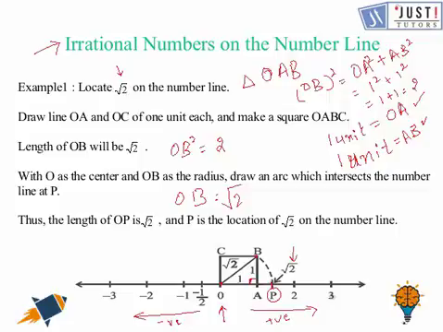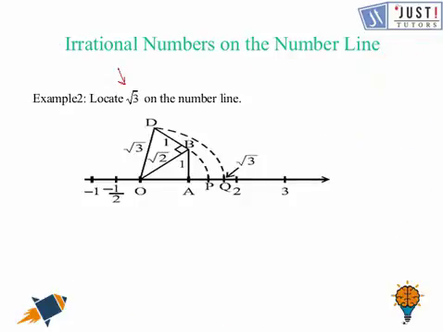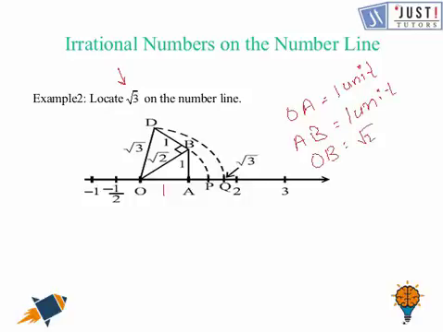Now here is another question, which is about under root 3. For this also we draw OA, which is of 1 unit. Then AB is again 1 unit, which will give us OB as under root 2 units by using the Pythagoras theorem. Now if we consider triangle OBD in this picture, this is 90 degrees.